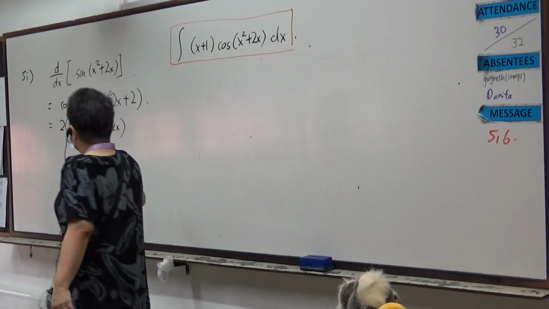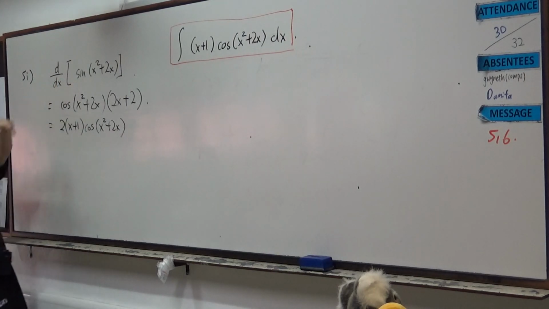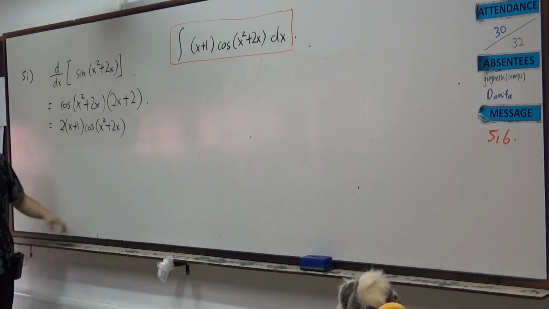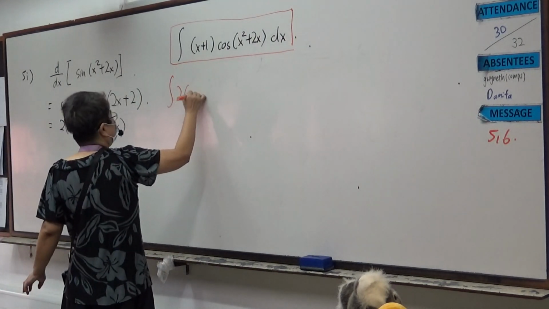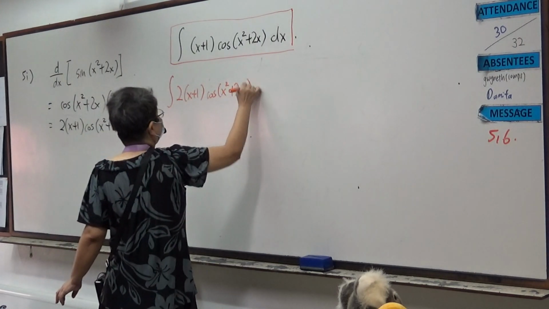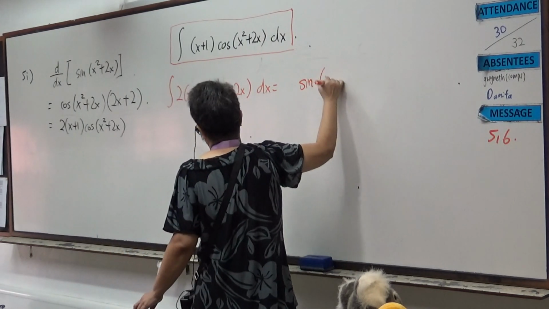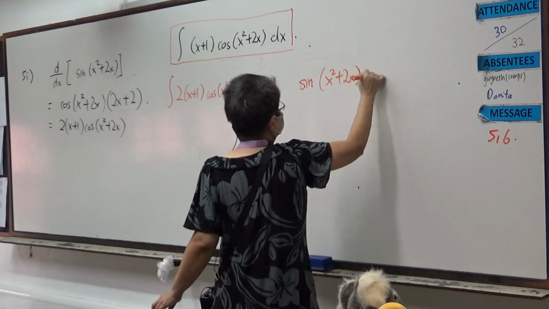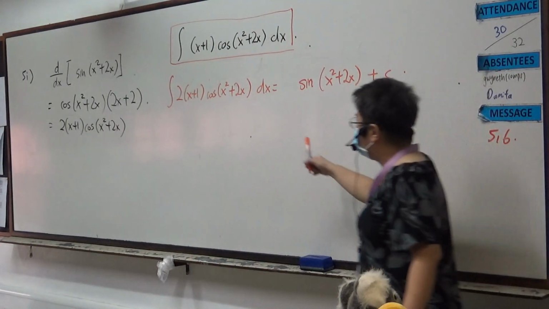Okay? Now, that means when I integrate this, I will get this one, right? I think I'm not correct now. That's not okay. I repeat, when I integrate this, I will get this. Agree? But is this so?